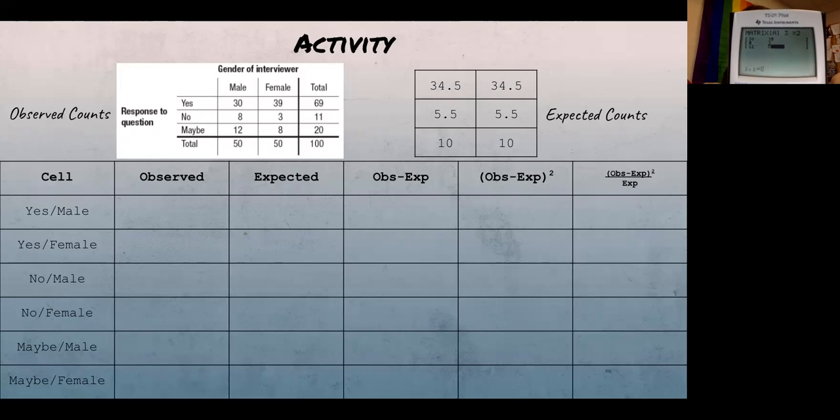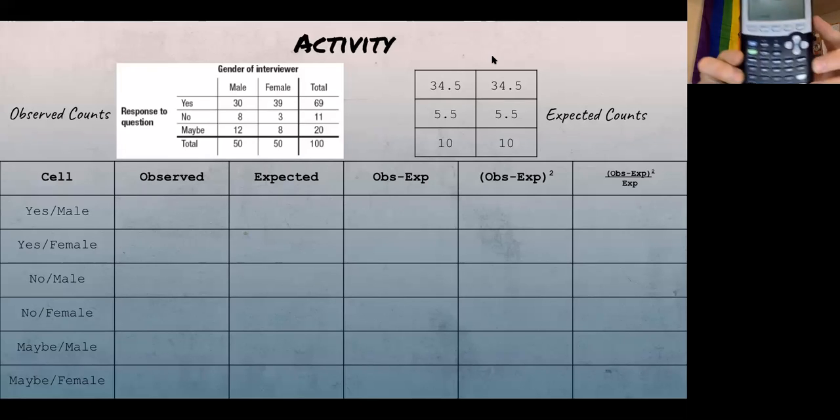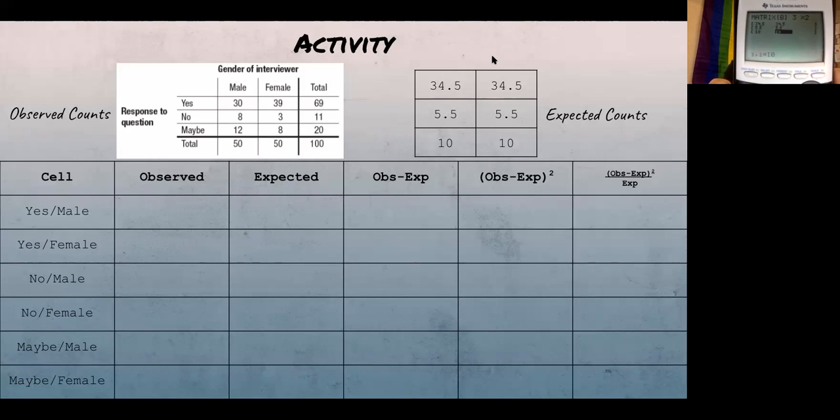Then you'll want to go back, and I haven't found a faster way of doing it than just exiting from this and going back into the matrix menu. But then for B, you can plug in all the expected counts. So this is now matrix B set up with my expected counts, and it looks like the same thing that you see on the screen there.